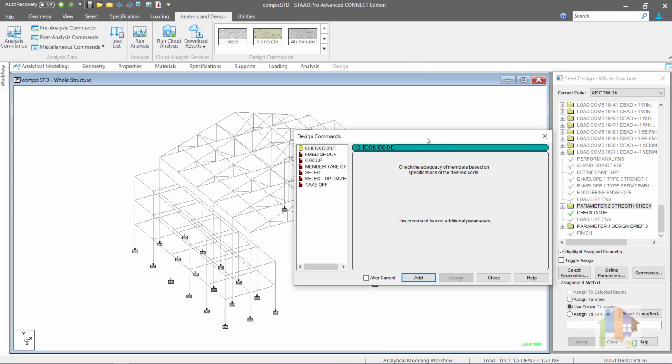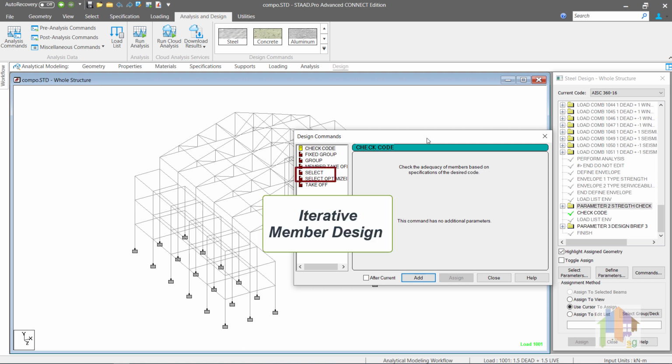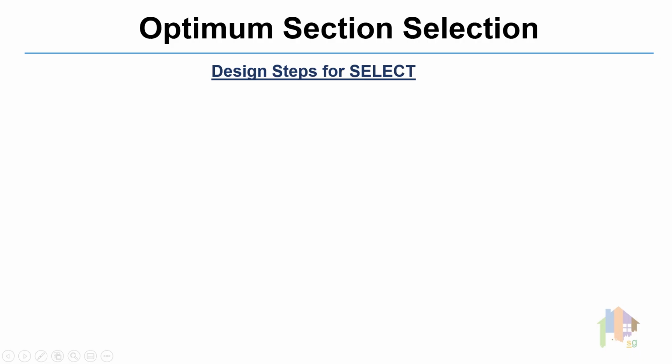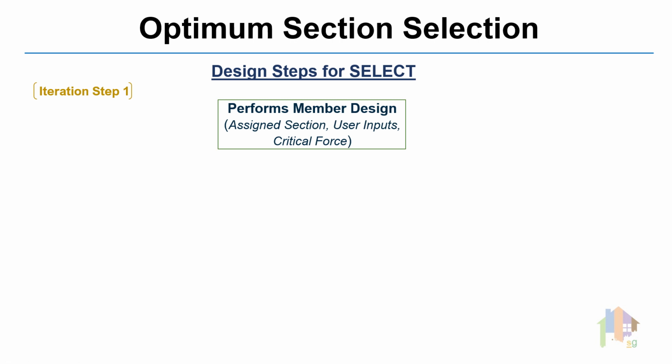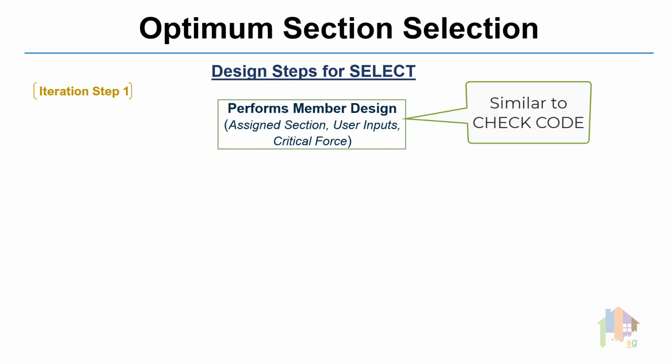There is another design command instead, the select command. This command also performs member design but in an iterative way. When you assign the select command to a member, the program first performs member design on the basis of loading, assigned sections and user inputs, similar to the check code command. But the design process does not end here.